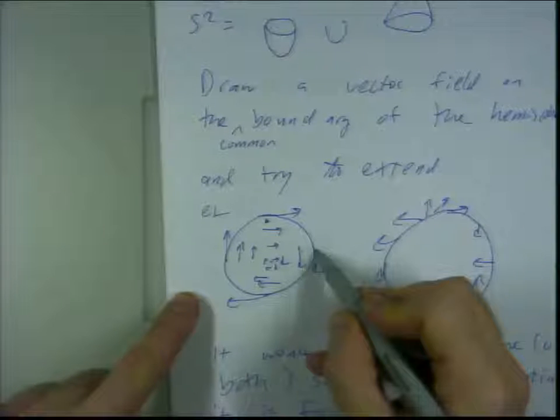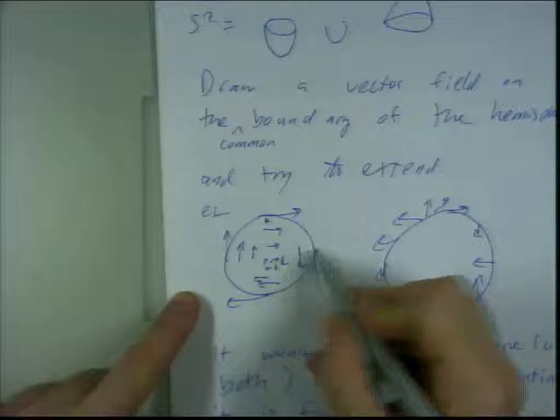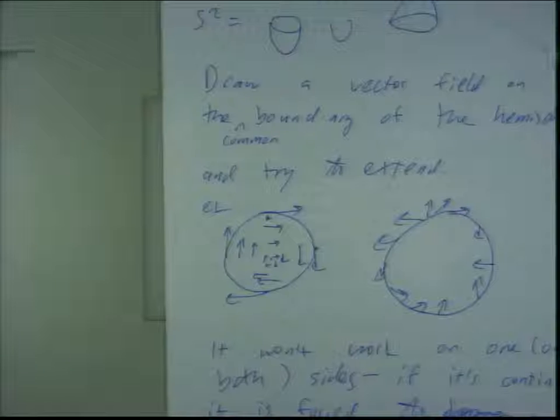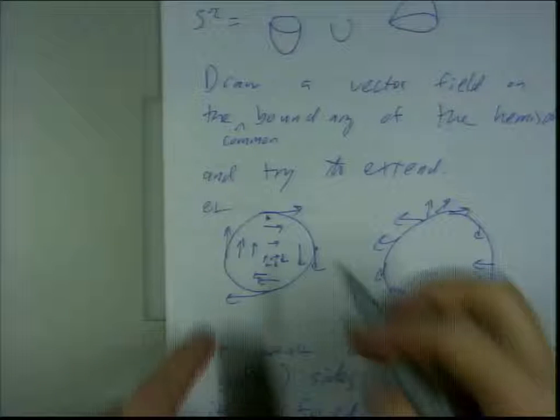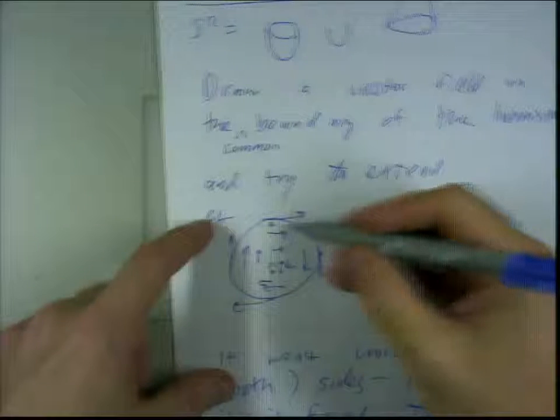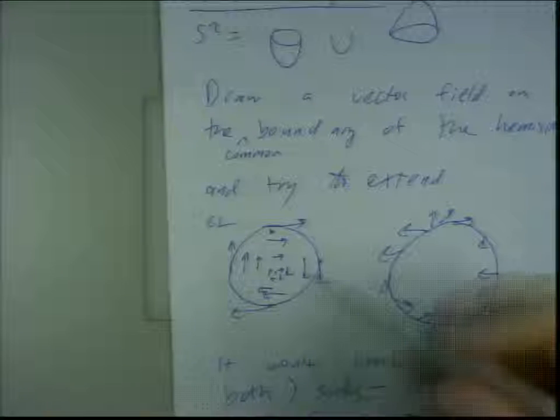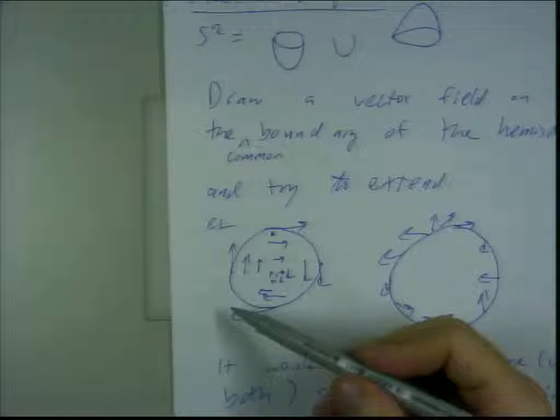And along the horizontal line, all the vectors point in the same direction as the one at the edge. The thing is, when you get near the middle, they're all pointing in different directions, because as you go around the sphere, the vector fields themselves are rotating. Here it's pointing this way, here it's pointing that way, here this way, here that way.